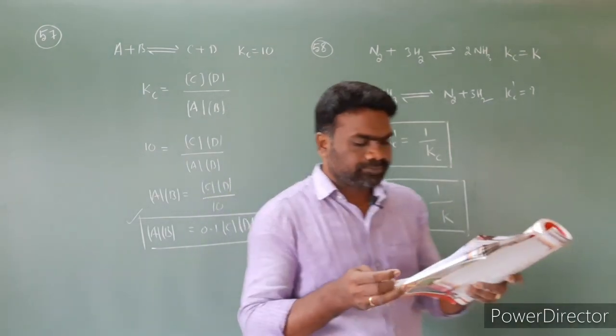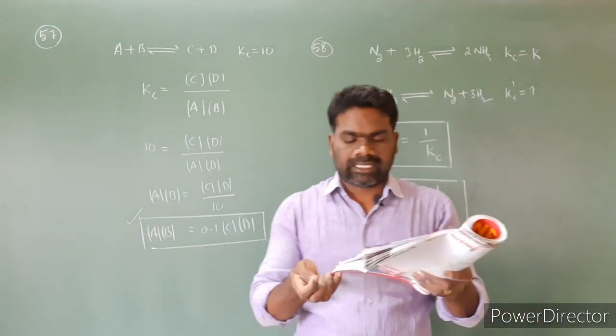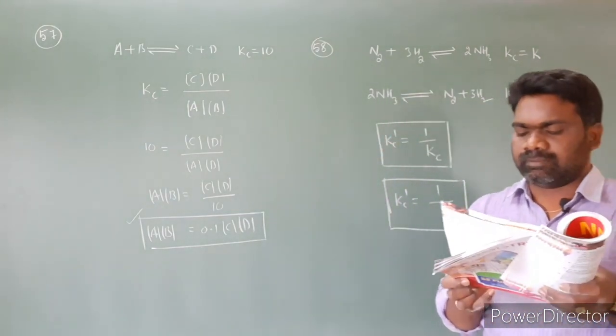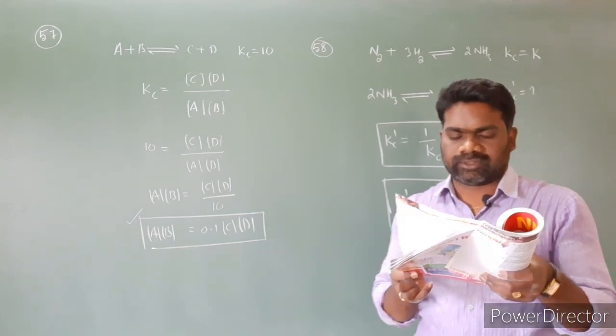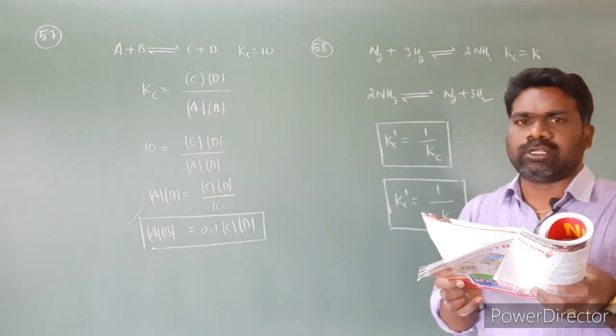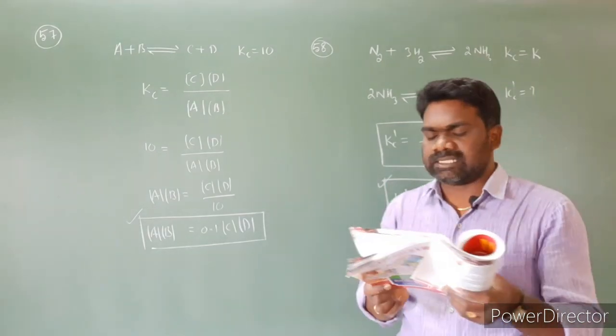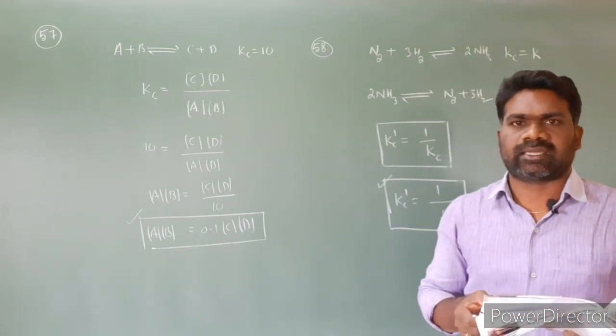Look at the options. First option K, second option 2K, third option 1 by K, fourth option K square. So question number 58, third option is correct, 1 by K.